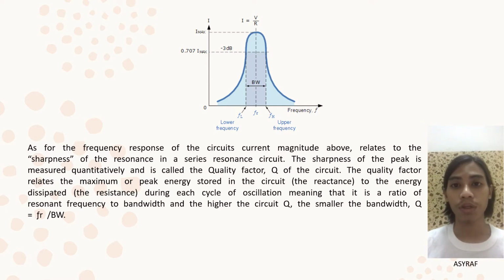The quality factor relates the maximum or peak energy stored in the circuit, which is the reactance, to the energy dissipated in the resistance during each cycle of oscillation, meaning that it is a ratio of resonance frequency to bandwidth, and the higher the circuit Q, the smaller the bandwidth, which is Q equal to Fr, which is frequency, over bandwidth.